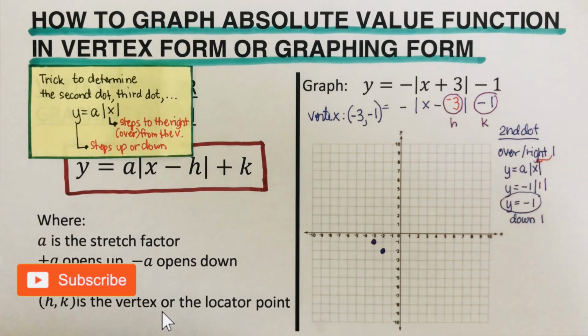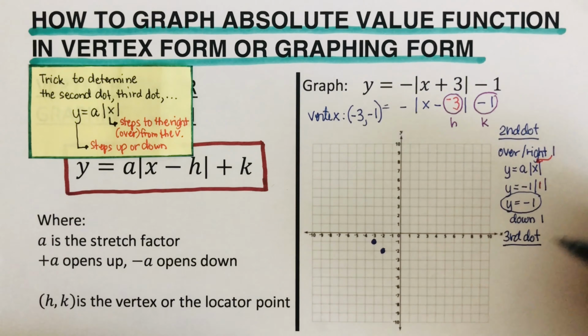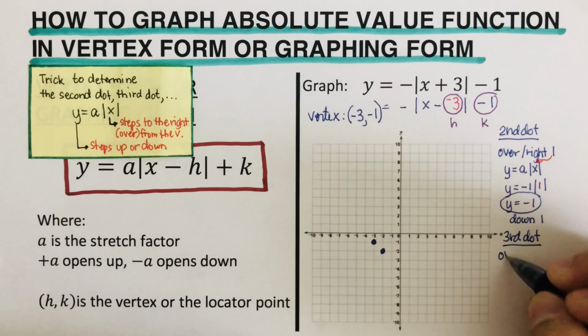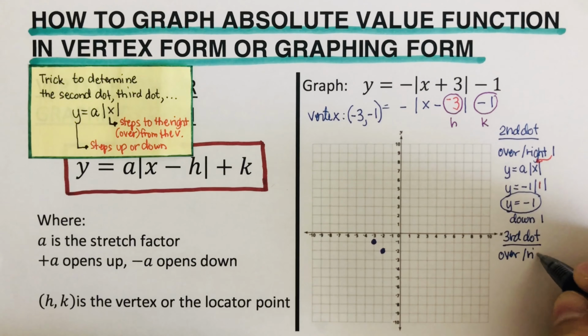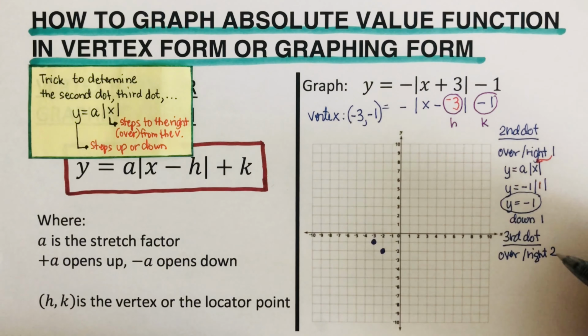To get the third dot, we do exactly the same thing. So we go over, or right, 2. And where do you think the dot is going to sit? So we go ahead and write the equation, y equals a absolute value of x.